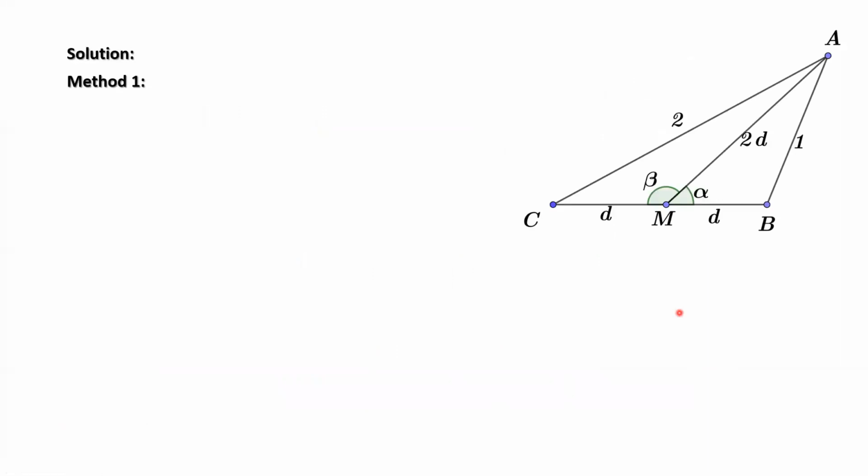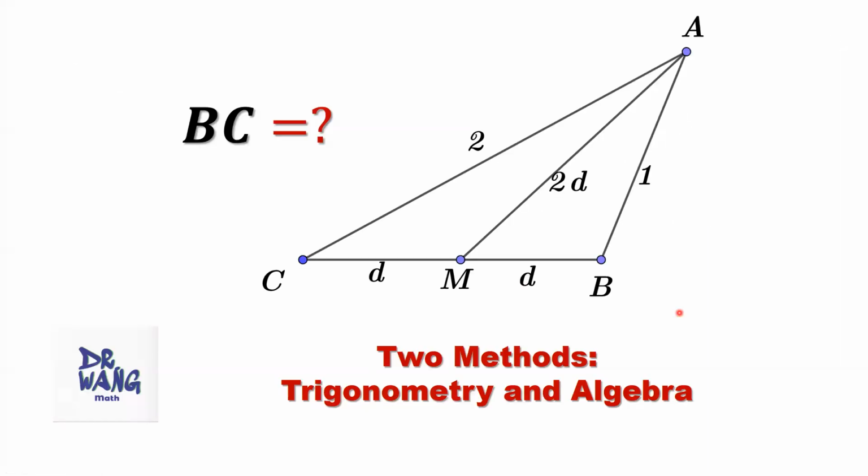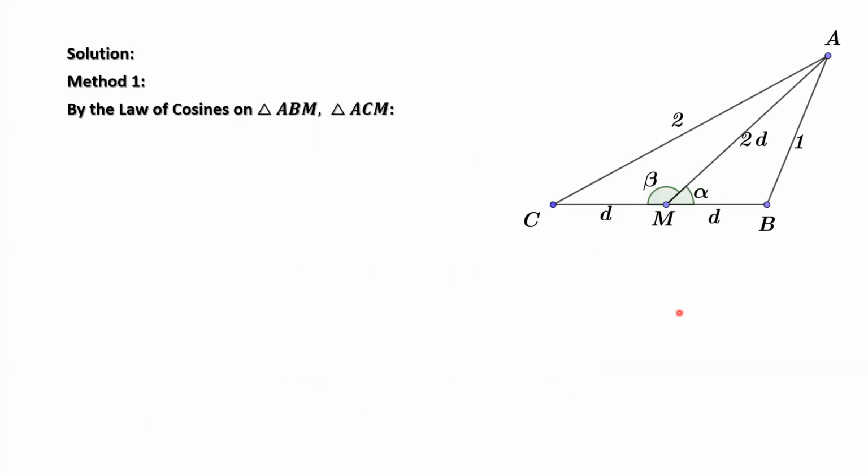The first method, we use the law of cosines on both triangles. We have two triangles here. One is on the right, one is on the left. Let's consider the law of cosine on the triangle on the right, triangle ABM.